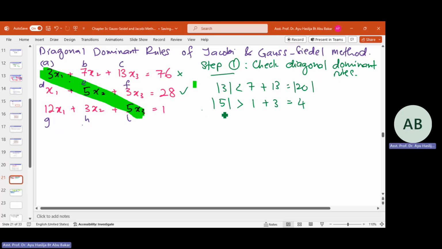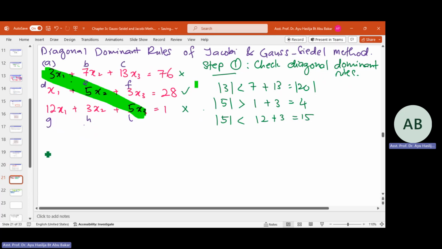Then check the third equation, which is I, which is also 5, must be larger than 12 plus 3, 15. But here 5 is smaller than 15. So it doesn't meet the rules. For those that don't meet the rules, you need to rearrange the equation. Perhaps reposition the equation.